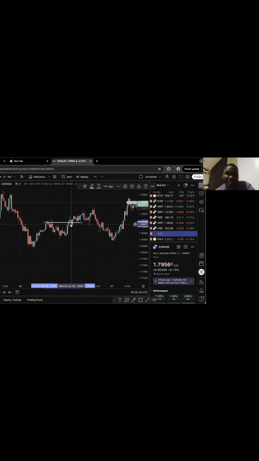Then the third candlestick that appeared was a green candlestick. Two green candlesticks against one red candlestick. I will not enter that market for a sell. I'll be looking for buys, and the market eventually bought. Let's look for another example.